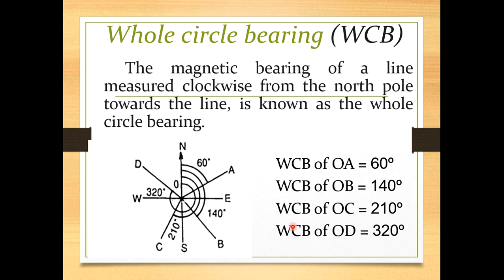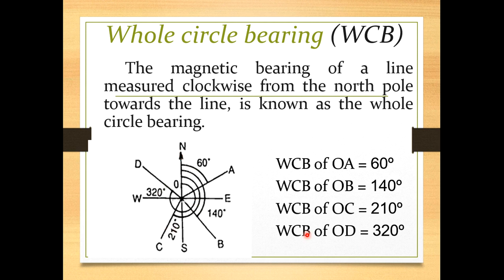Then WCB of OC, this is OC measured from north pole in clockwise direction. So WCB of OC is 210 degree, right? Then WCB of OD measured from north pole in clockwise direction.